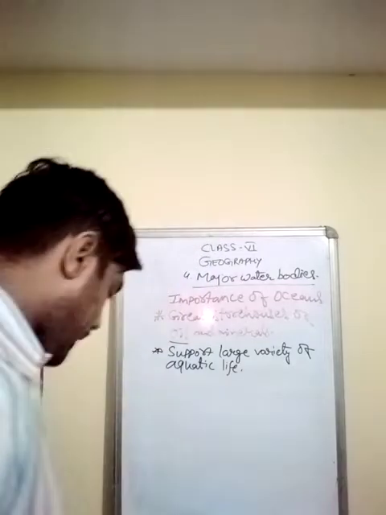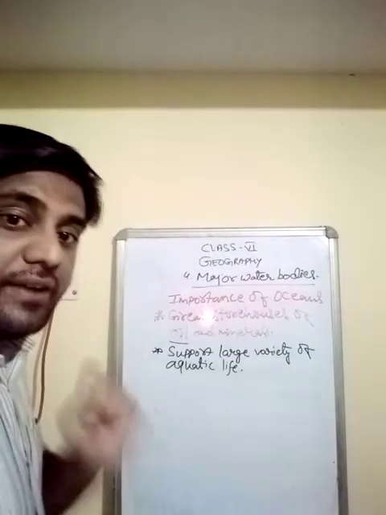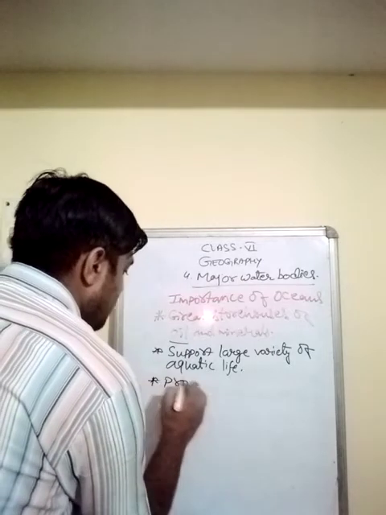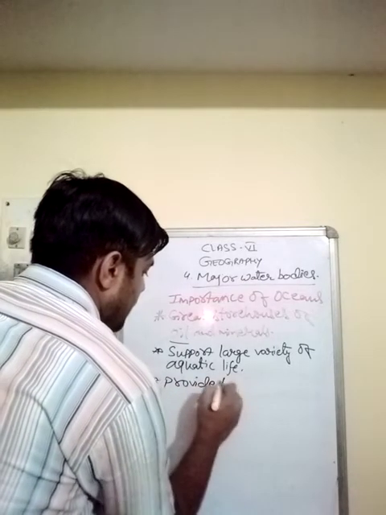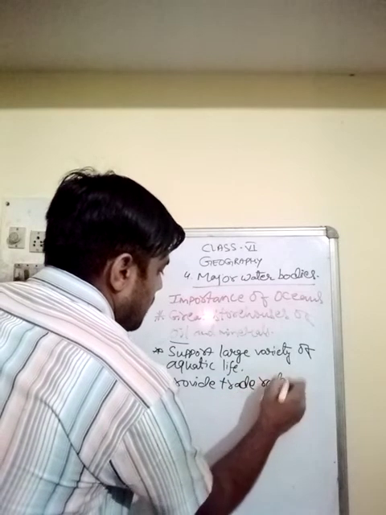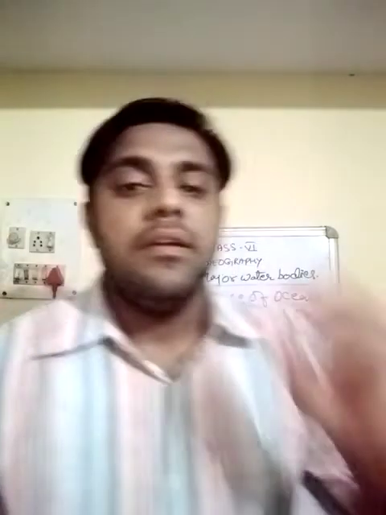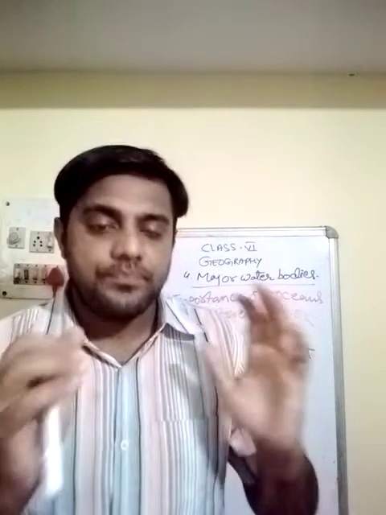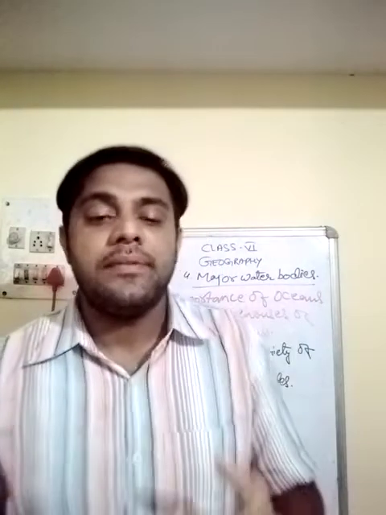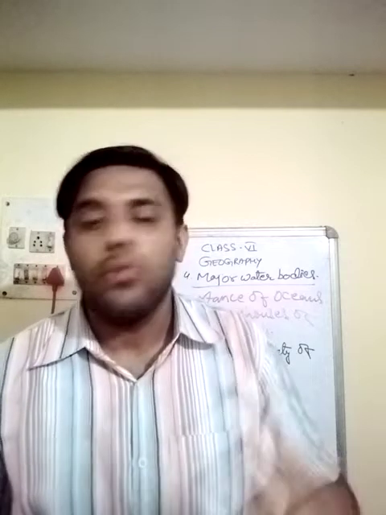Let's look at the third one. They facilitate international trade by providing trade routes. Trade routes meaning many big ships, ships which carry large items of export and import, ply through the ocean.